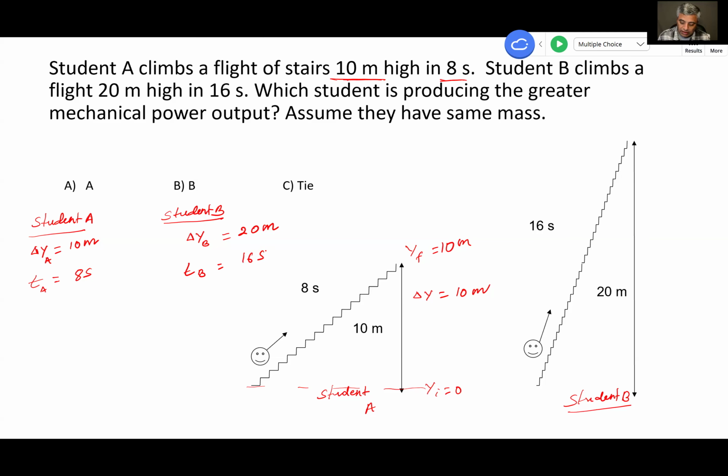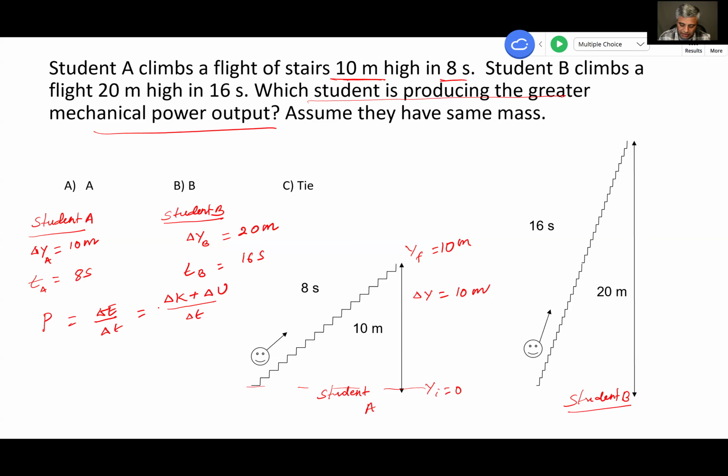Okay. Now, power is talking about mechanical power, which comes from change in kinetic and potential energy. So power is change in energy over time. Change in energy can be change in kinetic energy plus change in potential energy over the time interval.